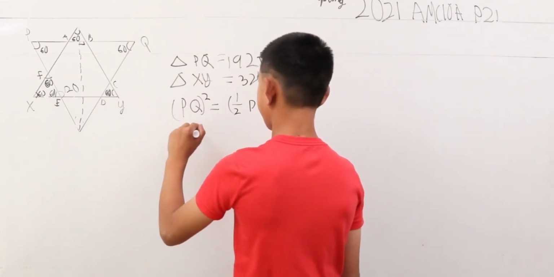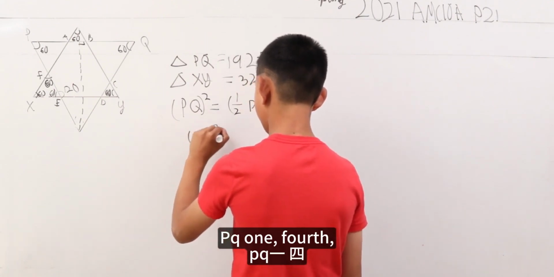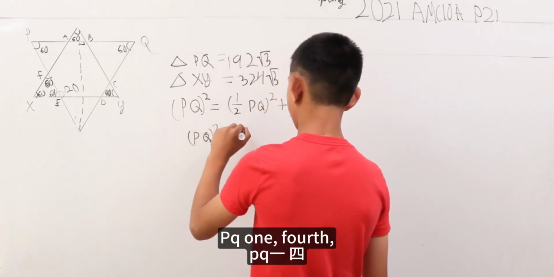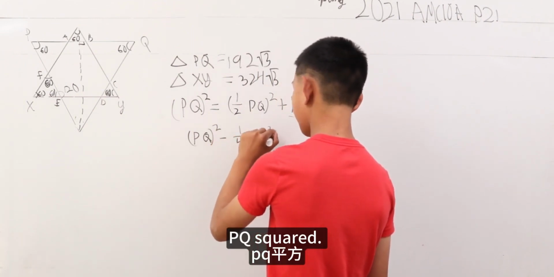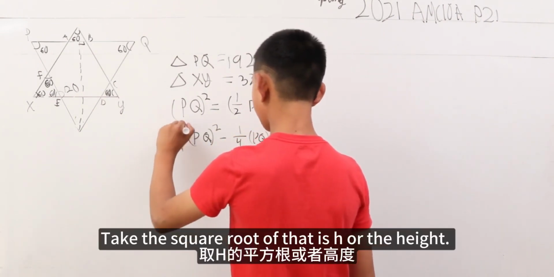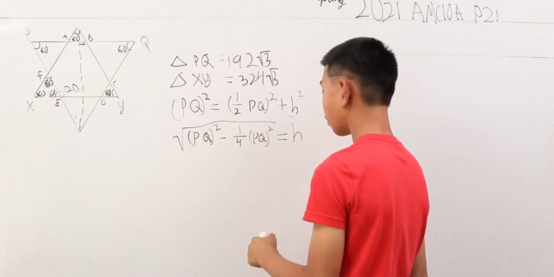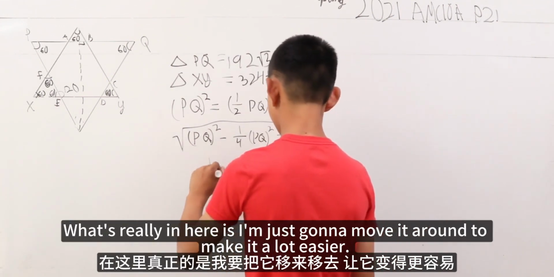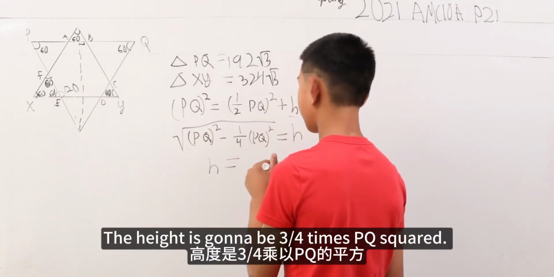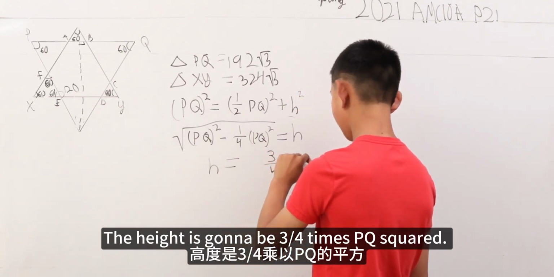We want to find H, or at least a common expression for the height. So the height, I'll just write it like this: PQ squared minus 1/4 PQ squared. Take the square root of that, and that is H, or the height. The height is going to be the square root of 3/4 times PQ squared.